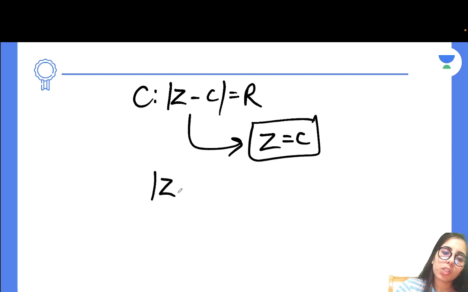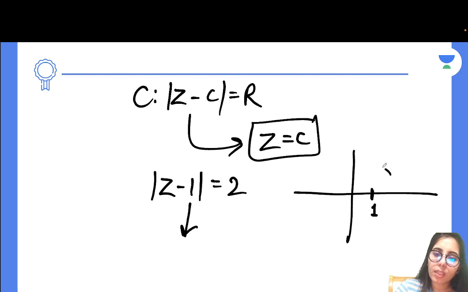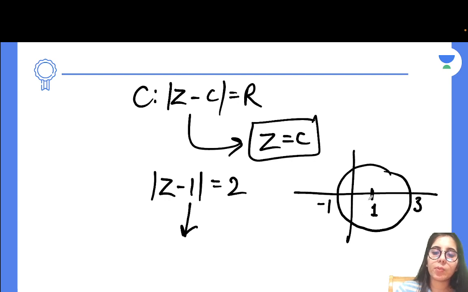For example, the equation is modulus of z minus 1 is equal to 2. So here the center of the circle is at z is equal to 1, which is going to be somewhere here, and its radius is 2. So it's going to be here, right? So you are going to have minus 1 and 3 here, because you can see a difference of 2 in value at these places, right?